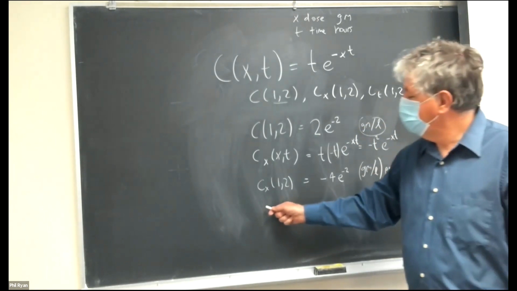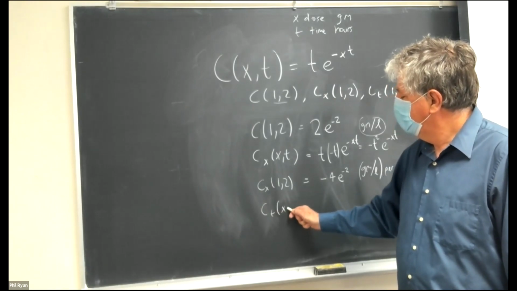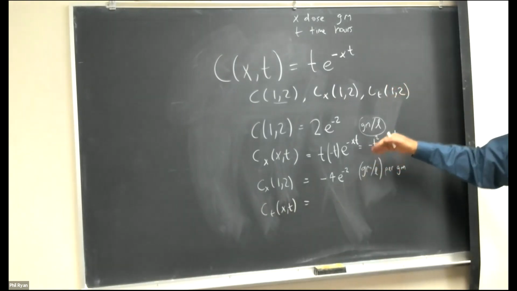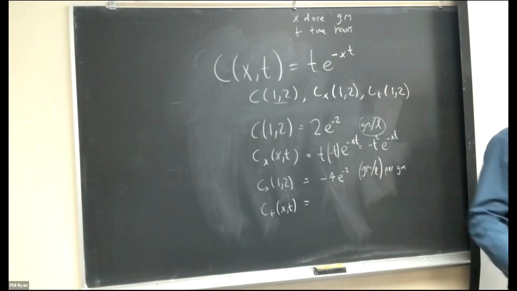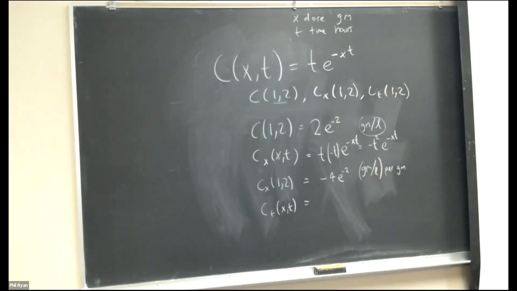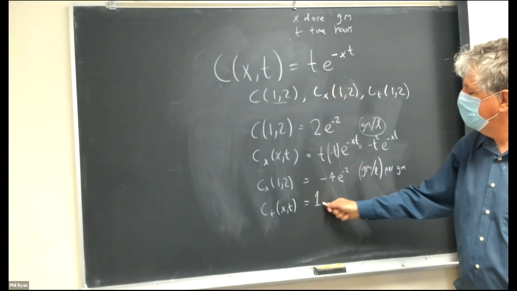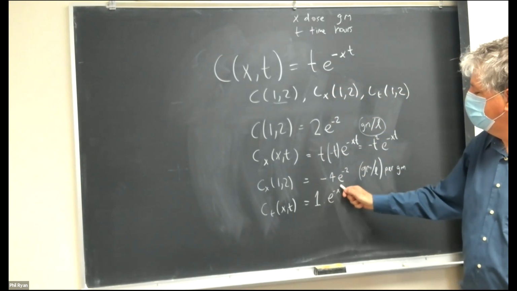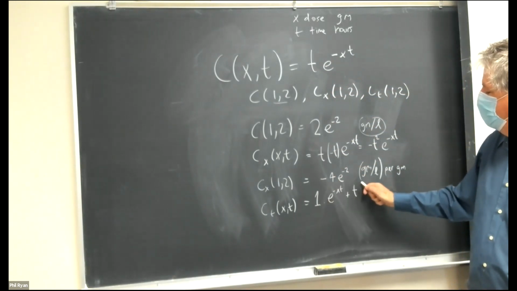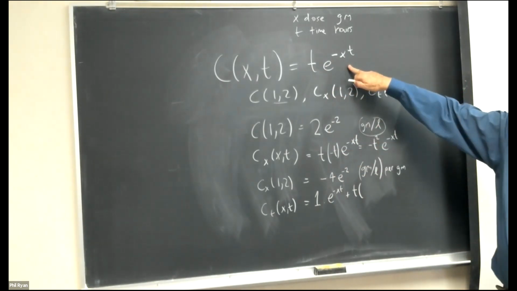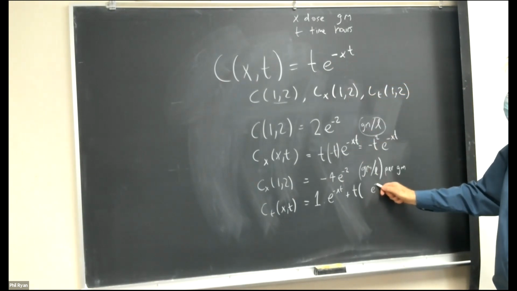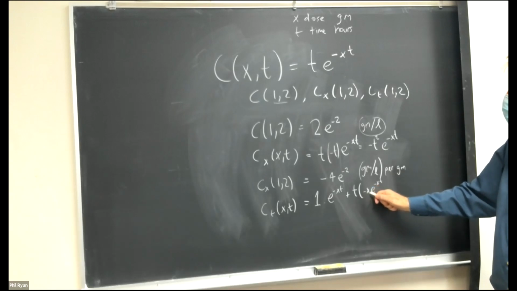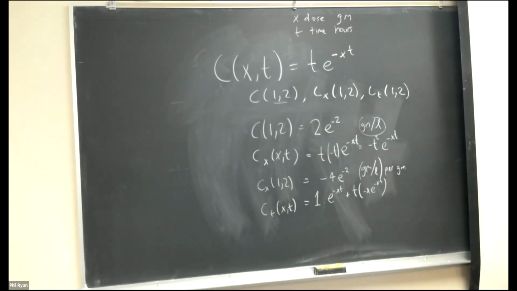We'll also take the derivative with respect to t. Now we treat the x as being a constant and the t being variable. So this means it's now a product, so we use the product rule. The derivative of t is 1 times e to the minus xt plus t times the derivative of e to the minus xt, which would be e to the minus xt times minus x, because x is now the constant.